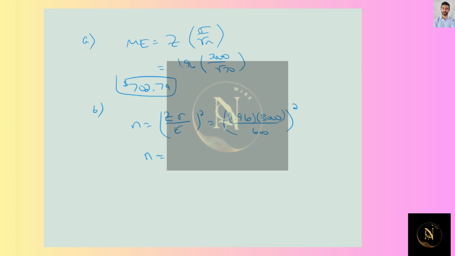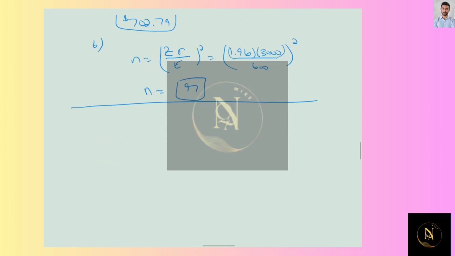And then we'd round up to the nearest person, and that would be 97. You always round up. Next question.